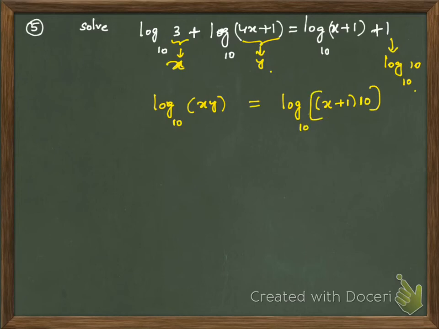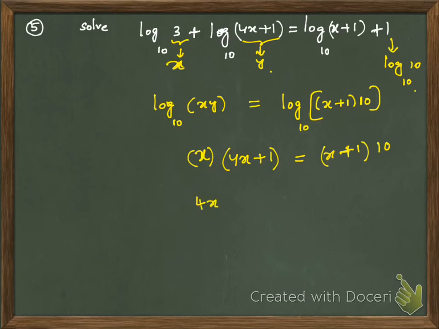Okay, right. Now taking log out on both sides, because both logarithm functions are the same, that will give you x into y, where your y is 4x plus 1. So x times 4x plus 1 is equal to x plus 1 into 10.